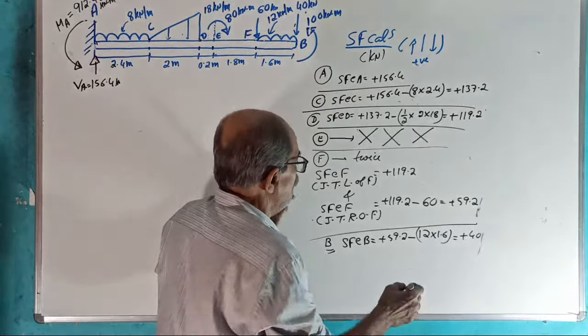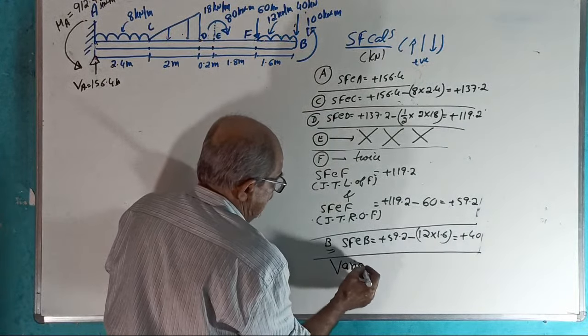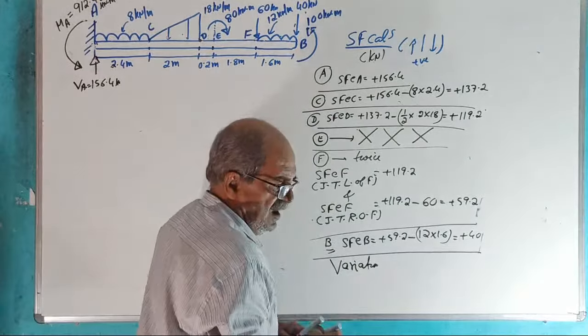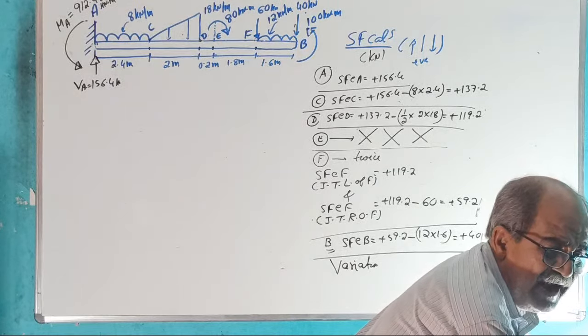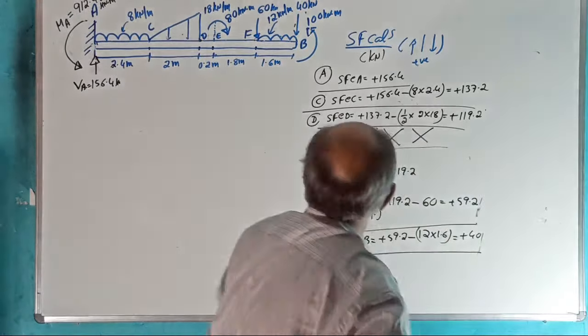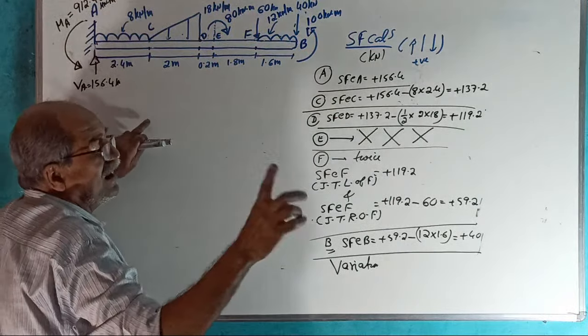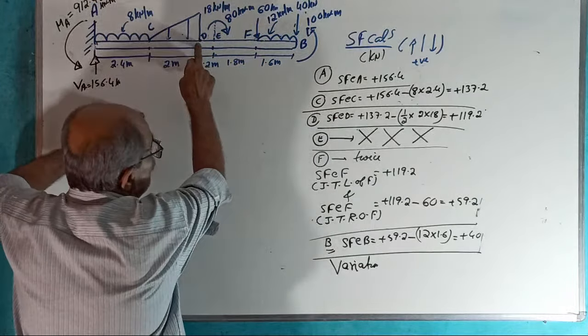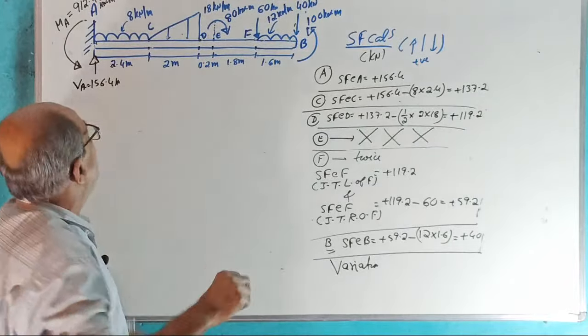Tally. Over. Now, write the variation. As usual, variation. I am not writing, I am dictating here. You should write. A to C, UDL, linear. C to D, uniformly varying load, parabola of second degree.